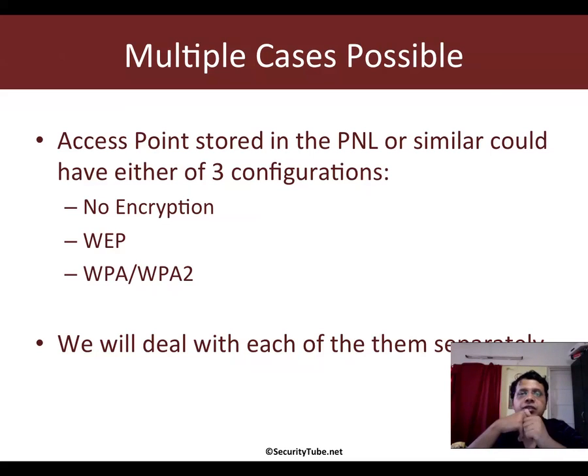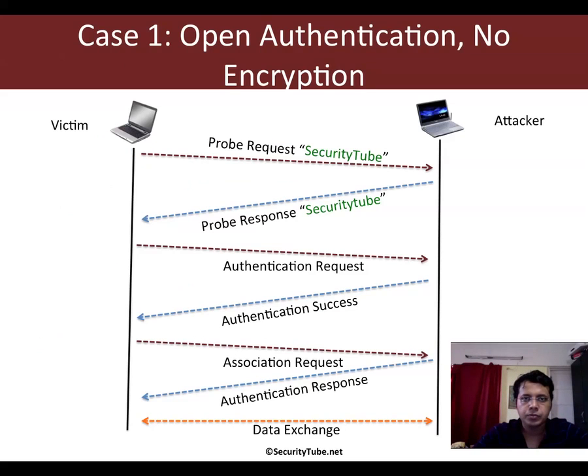Now in each of these cases, to actually hack the client, different ways or different techniques would be required. We'll take up case 1. Right, case 1 is there is open authentication and no encryption at all for the given SSID.